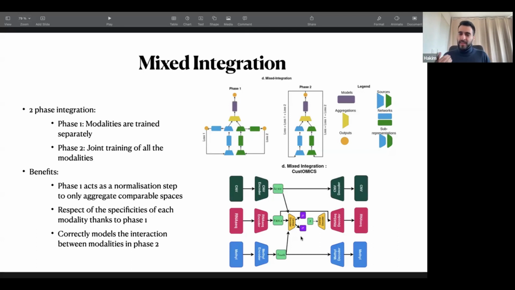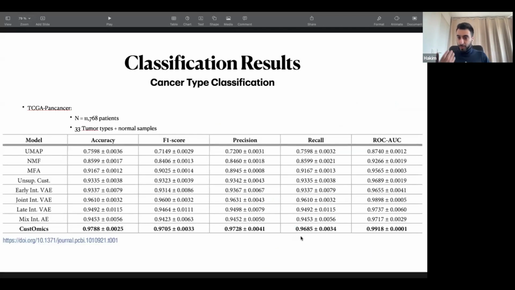So here we try to mitigate the downsides and keep the benefits of each one of the latent and joint integration strategies. And we tried that with different tasks.